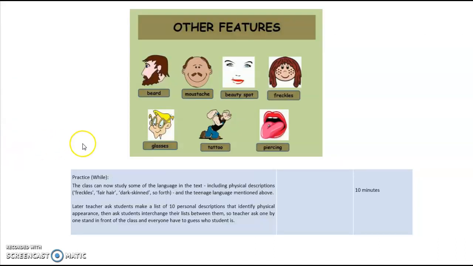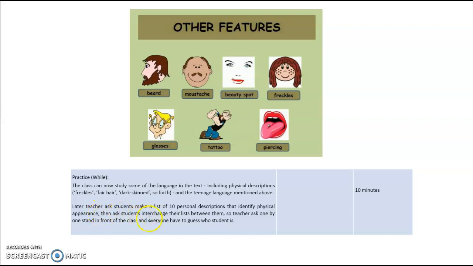And the next step is about features. Maybe there is a practice step. The class can now study some of the language in the text, including physical descriptions and modifying language. Later, the teacher asks students to make a list of 10 personal descriptions that identify the physical features of each student.